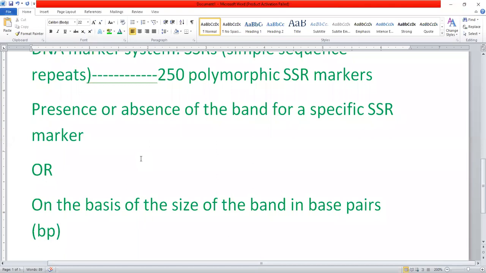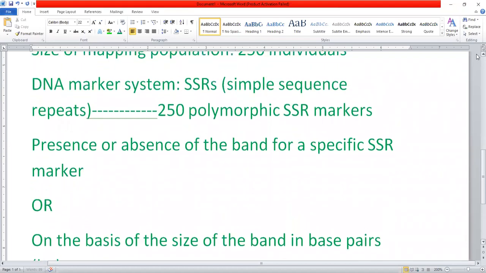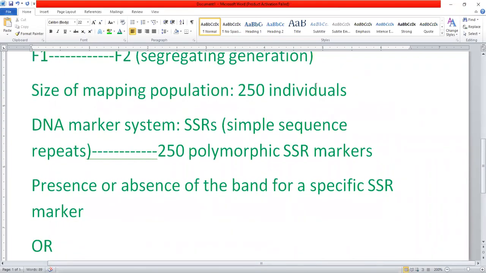So in this way, the 250 F2 individuals are amplified with the 250 polymorphic SSR markers, and then the amplification products are visualized by using the electrophoresis technique and by staining the gel.